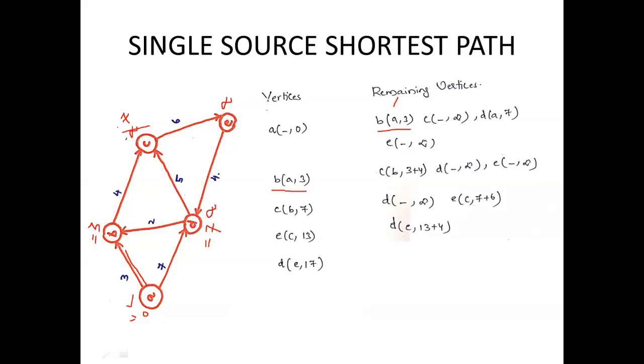And from B to E also I cannot reach, so now the value is again infinity. So now you consider the minimum distance is 7.